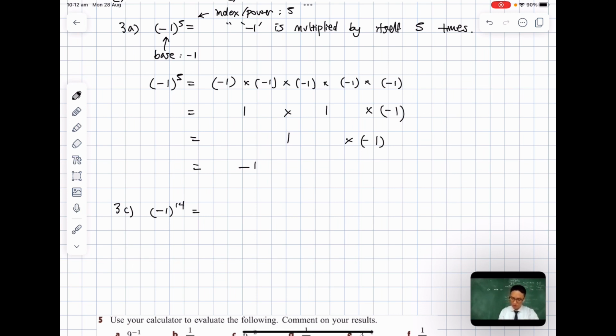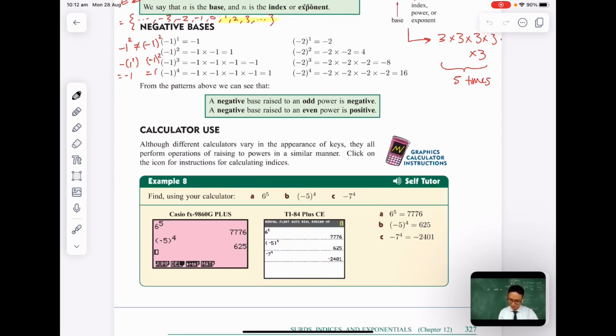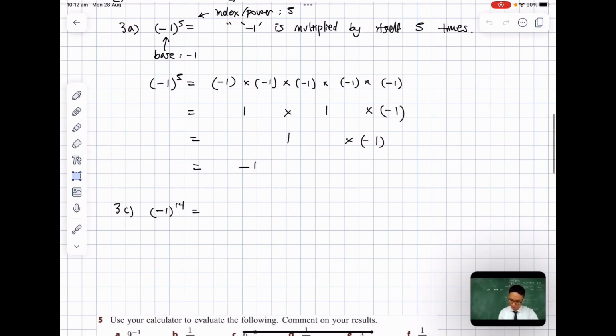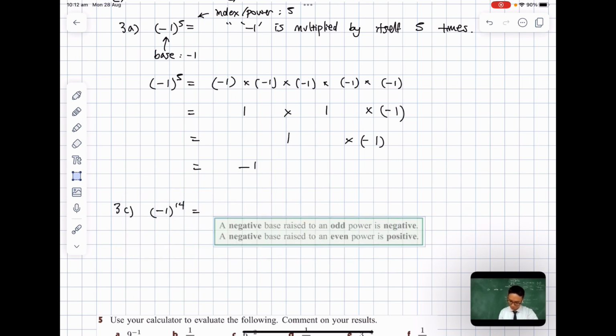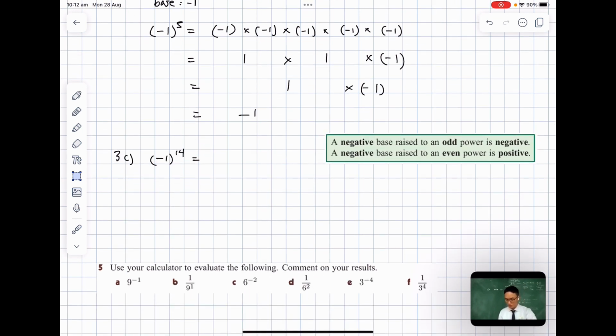Now we could do it the same way as we did before with A, but this time I'm going to use our green box definition. That's on page 326. According to the green box on page 326, a negative base raised to an even power is positive.